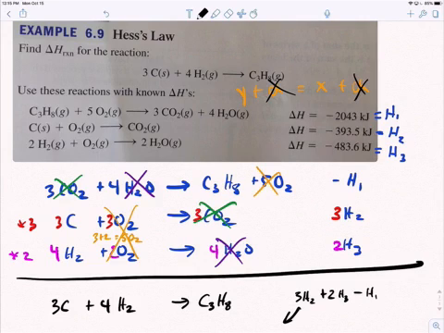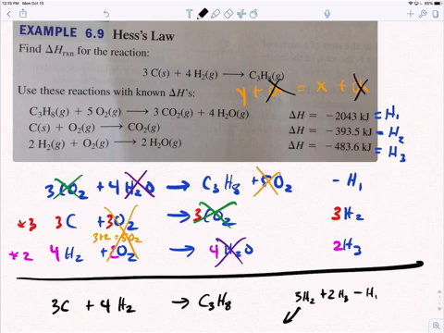The way I look at this is to get the proper number: there's only one product here, the C3H8, and then the reactants, get them in their proper formulas: 3 for the carbon, 2 for the hydrogens. Then you add them all together, and you notice that the intermediates all go away.